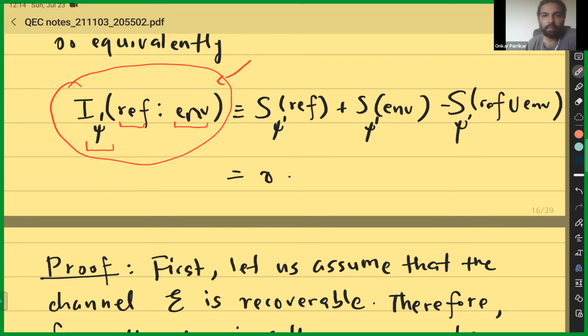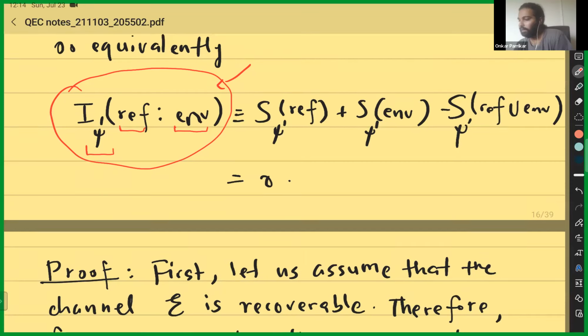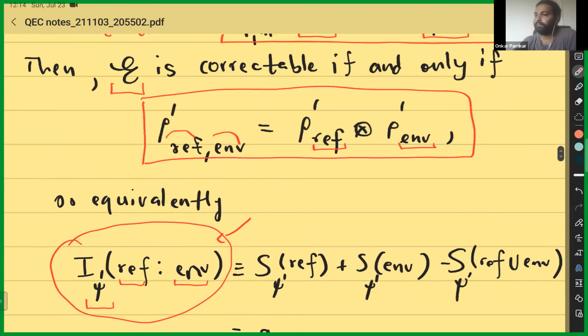I'm a little confused by the factorization condition. Can you please go back to that? Yes, of the density matrix? On the left hand side, you have done a partial trace over the reference system and the environment, right? Sorry, that is just my bad, so let me define it. The definition of this thing is that you trace over everything else. In particular, you trace over the physical system.